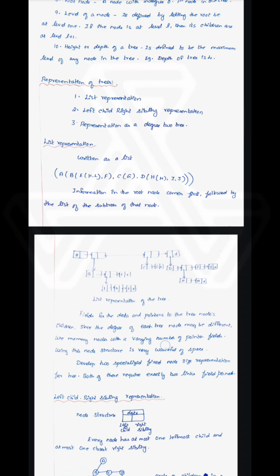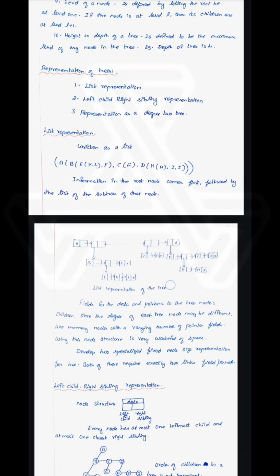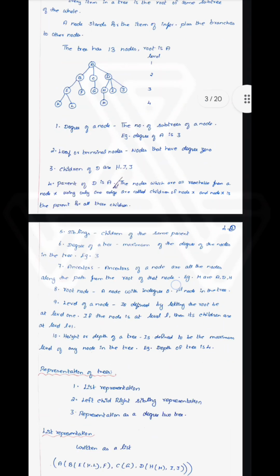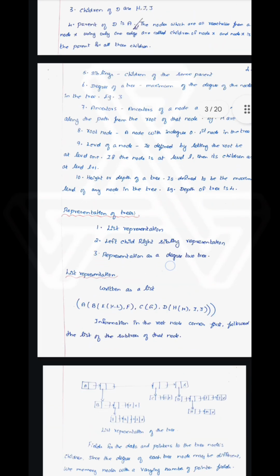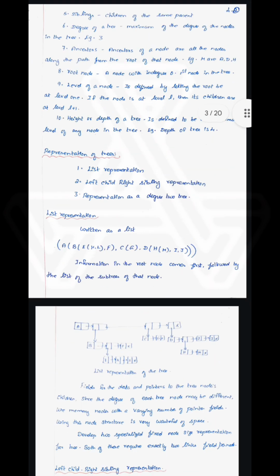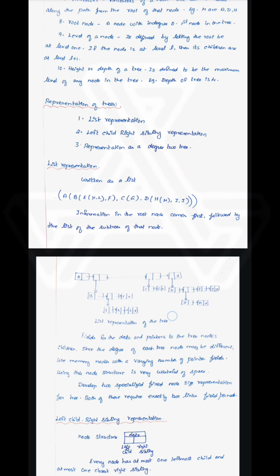List representation is written as A, B of E, K, L, F, C, G and D. Information in the root node comes first, followed by the list of subtrees of the node. The list representation is a list inside a list.